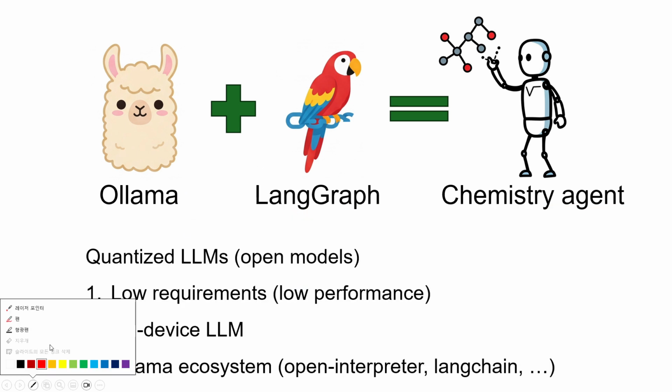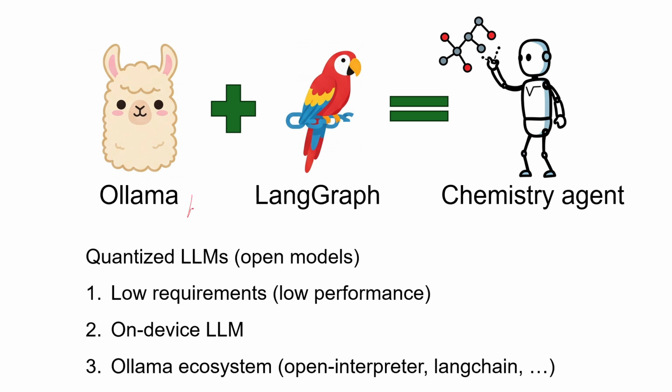And why do we use Ollama? Well, as I mentioned in the previous slide, you can use Hugging Face too. But I just like Ollama, and it provides quantized language models, and most of the open models are available in Ollama. So these open models normally have very few parameters.